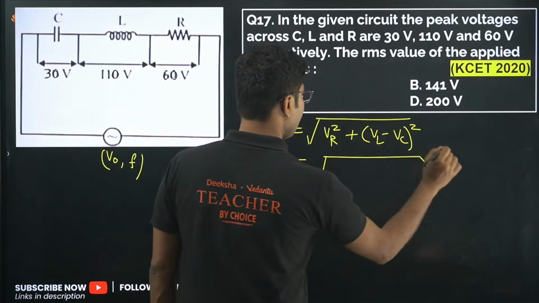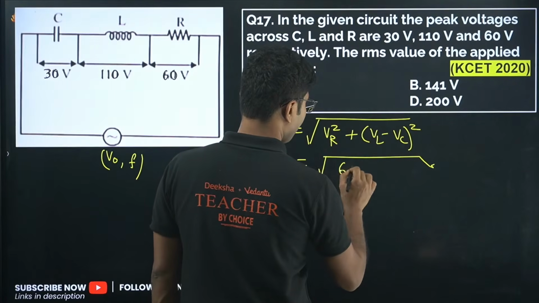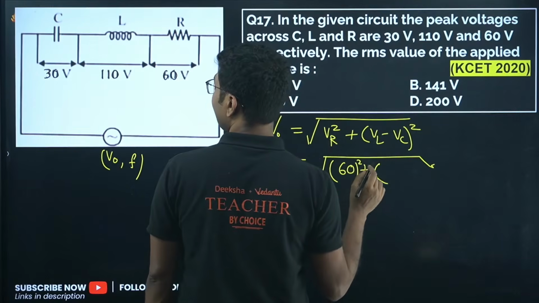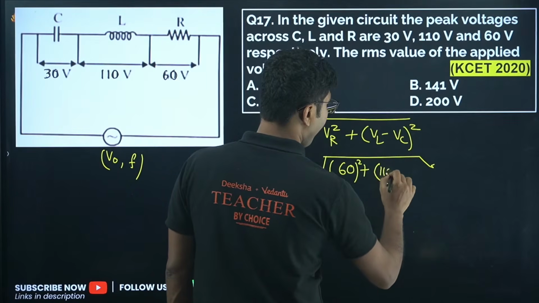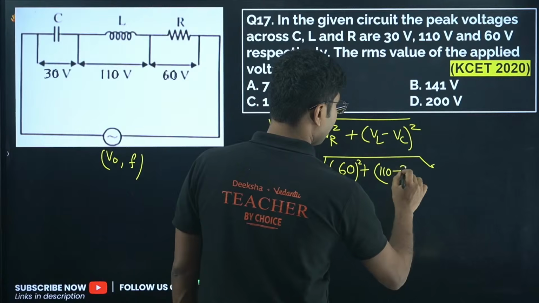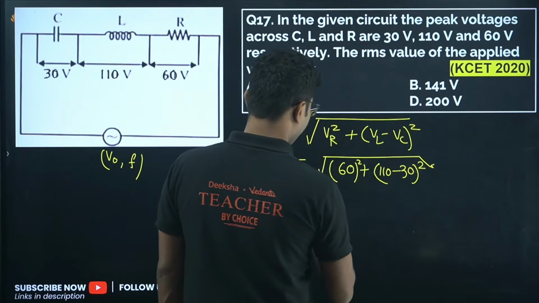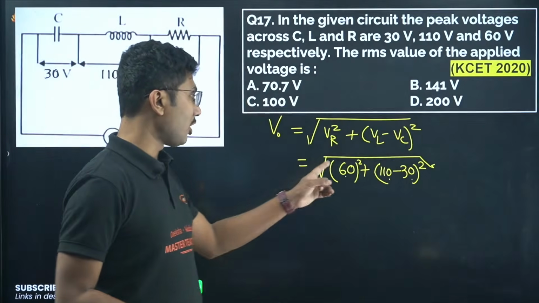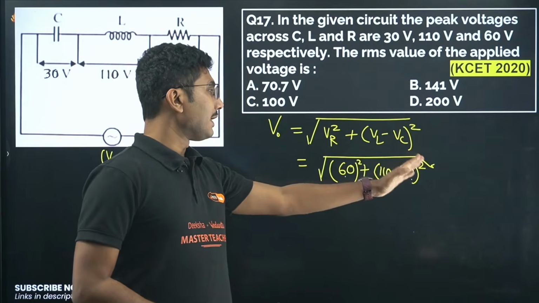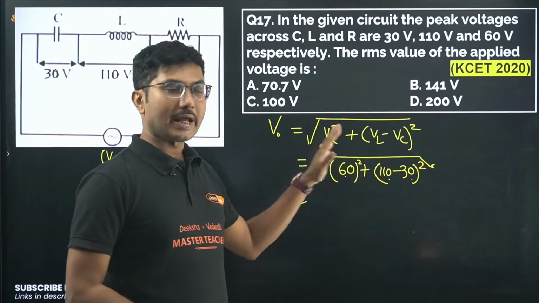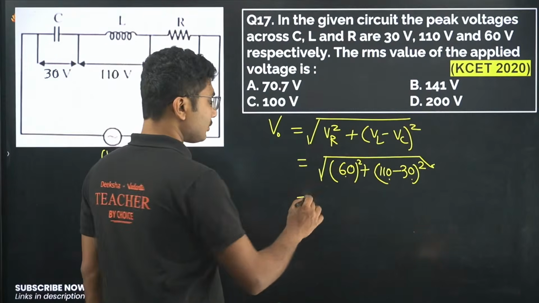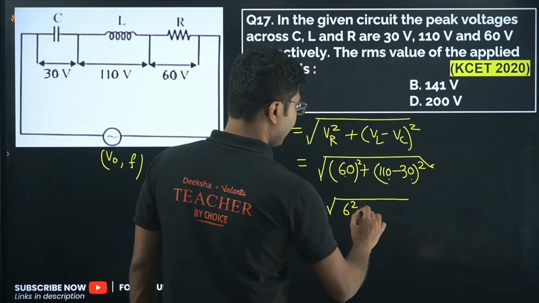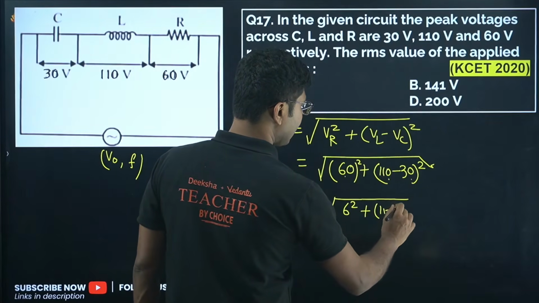What is VR? VR here is 60, plus VL is 110 and VC is 30. Now, if you see, all numbers have a factor of 10. So 10 will come out of the square and out of the square root. So basically you can say 10 times the square root of 6 squared plus (11 minus 3) whole squared.